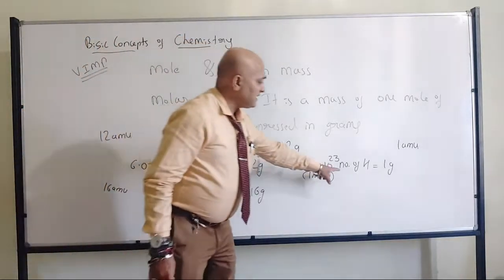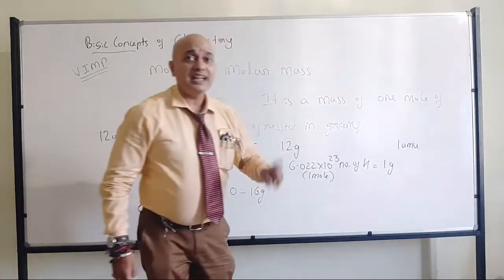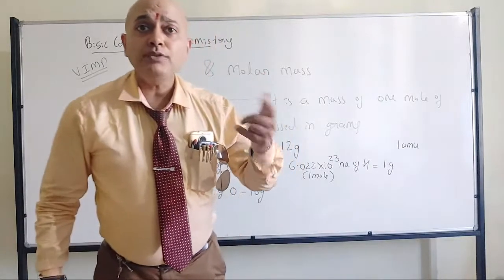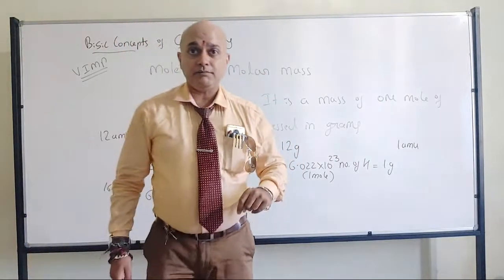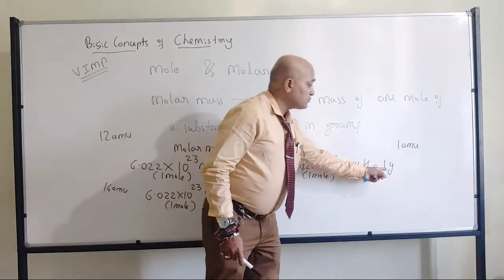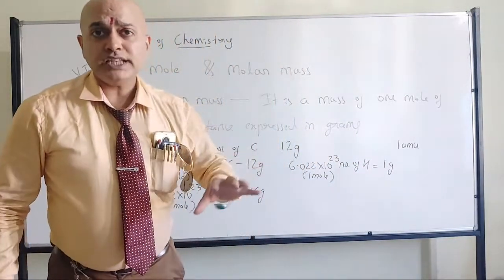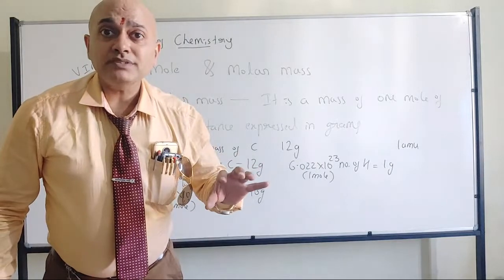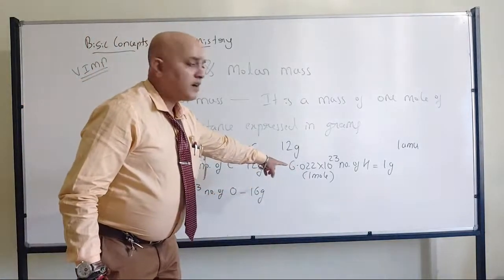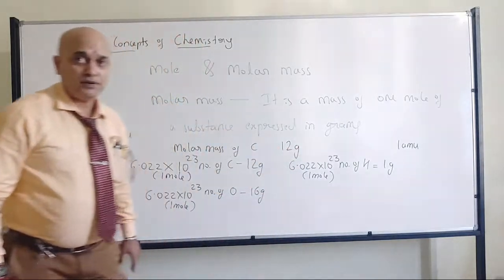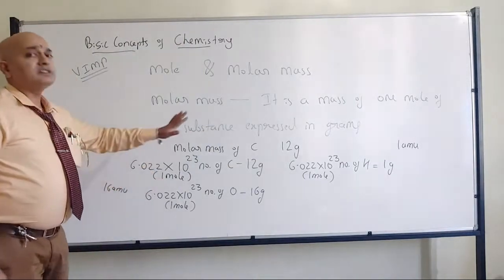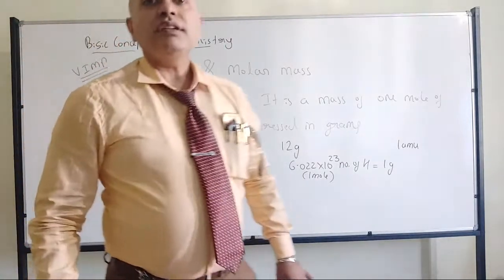Same logic is applicable. If I am writing hydrogen as 1 AMU, I am talking about 1 hydrogen atom. But if I am writing it as 1 gram, I am dealing with a group of hydrogen atoms. So how many atoms are there? 1 mole of hydrogen. That is Avogadro's number. Same logic is applicable everywhere.